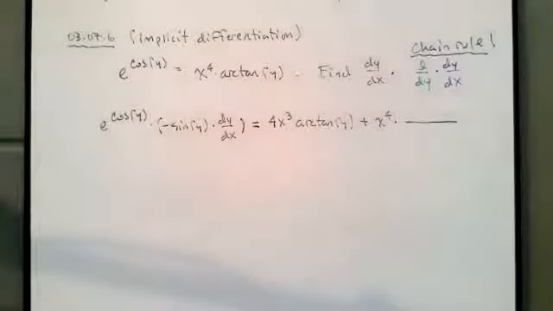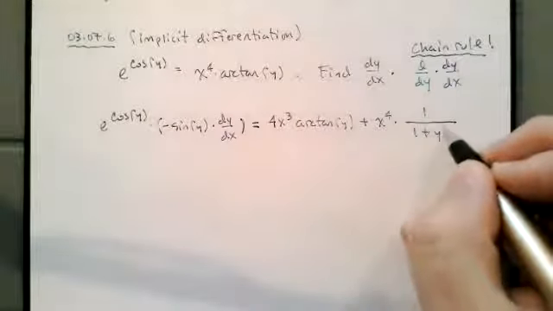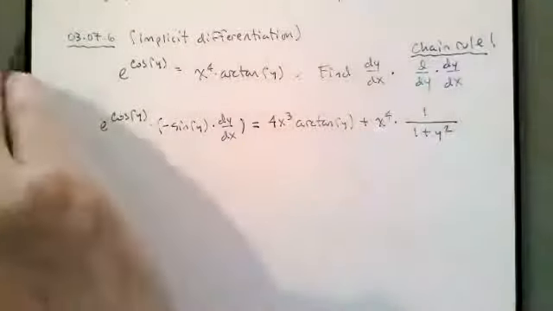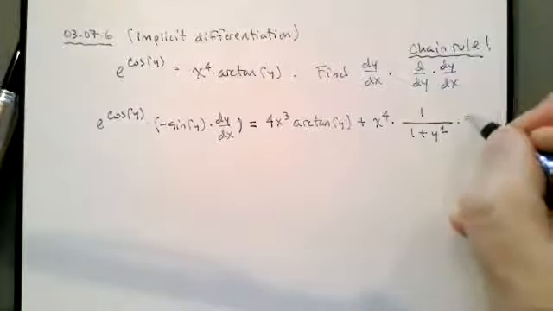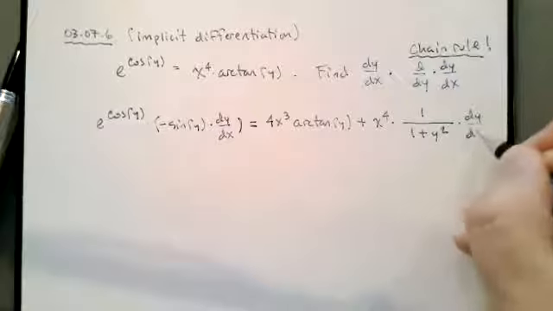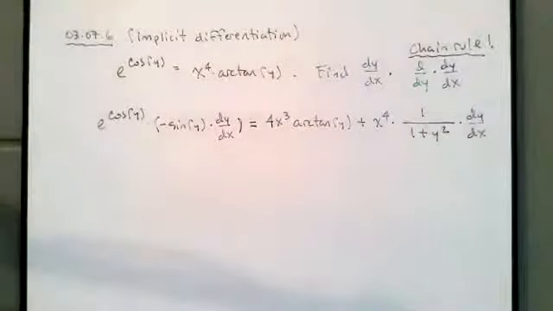And the derivative of arctangent is 1 over 1 plus y squared. But with implicit differentiation, the chain rule says we have to multiply by the derivative of y with respect to x. 1 over 1 plus y squared is the derivative of arctangent y with respect to y. So the chain rule says multiply by dy dx.